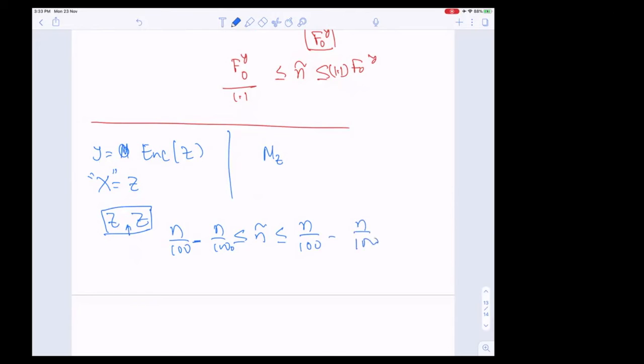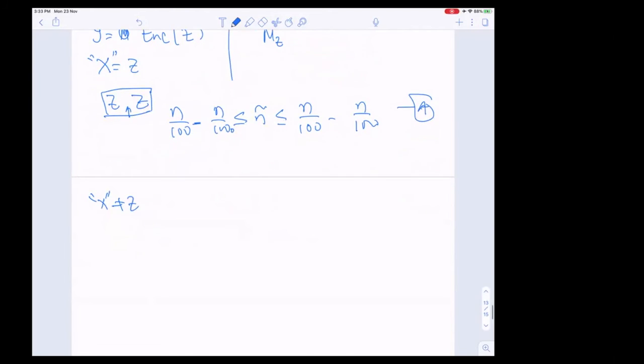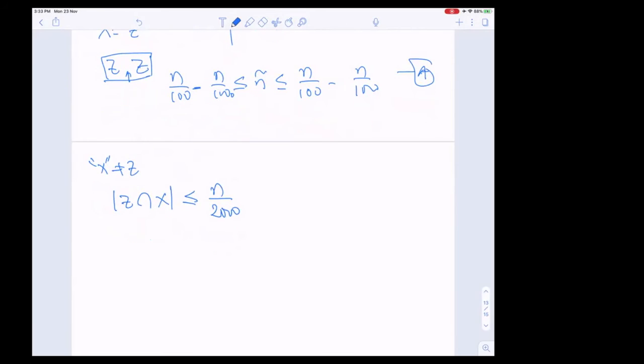N over 1000. Now, but let's look at when x is not equal to z. It's something very different. Then what you know is that z intersection x is very small, less than or equal to n over, if I recall correctly, n over 2000. Right? But so in this case, you think of this, that I have here z and I have another x here which only shares a small number of points.